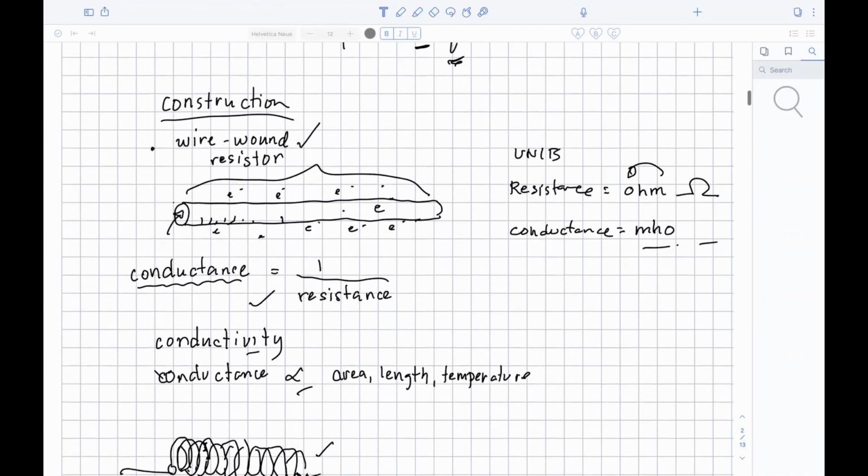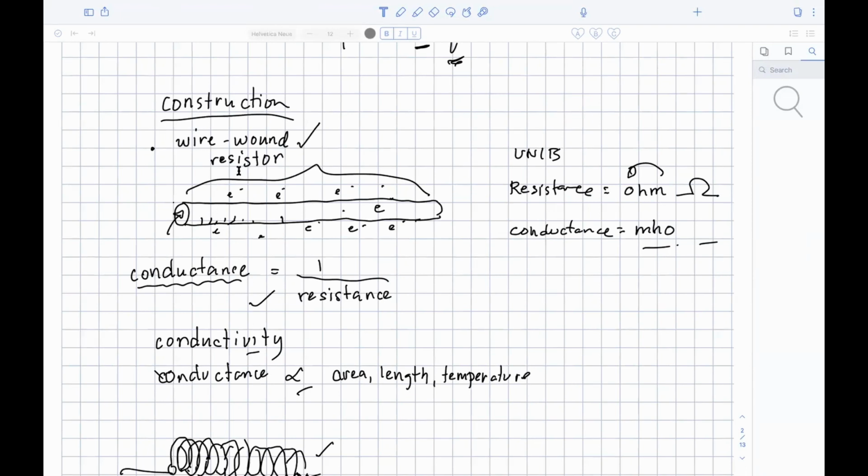The conductivity or the conductance of any metal wire is proportional to its cross-sectional area, length, and the temperature of the wire.